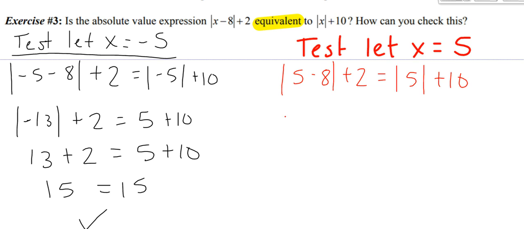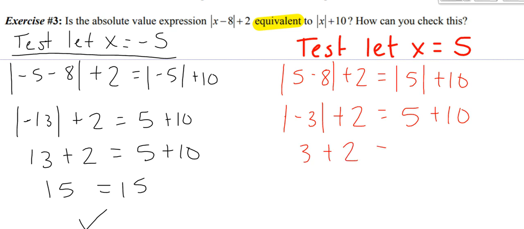Well, 5 minus 8 gives me the absolute value of -3 plus 2, and that equals 5 plus 10. The absolute value of -3 is 3, plus 2 equals 15. Well, 3 plus 2 is 5. 5 does not equal 15.